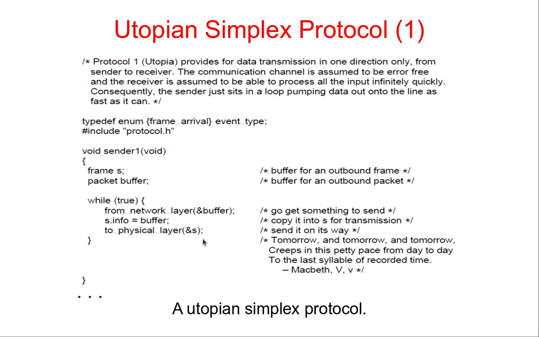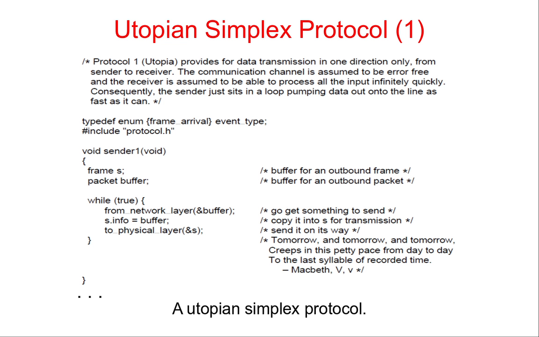Now the first protocol is called the Utopian Simplex protocol. This is the simplest of all, because of the assumptions. First, it will transmit data in only one direction, from sender to receiver. There is no data transfer back from receiver to sender. The second assumption is that the communication channel is error free.